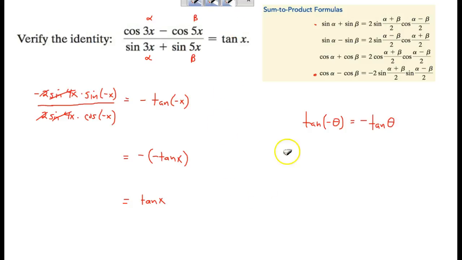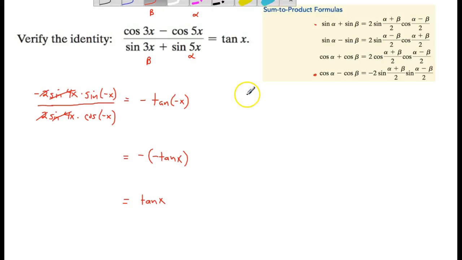All right, now when we got to this step right here, we had the negatives. To avoid the negatives, we would have to flip-flop who is alpha and who is beta. And again, it's fine on the bottom because it's addition, and addition's commutative. We can rearrange. But if we did that, what's going to happen on the bottom if I say 5x plus 3x down here?